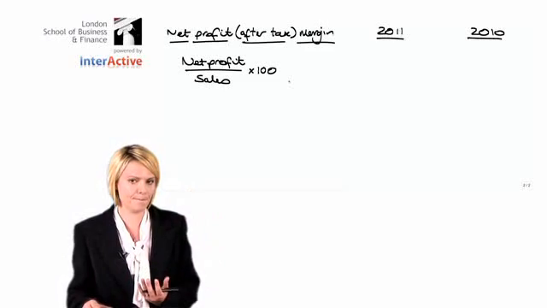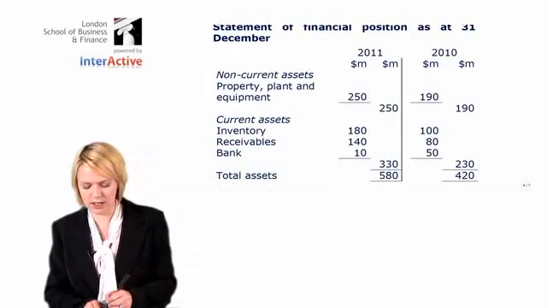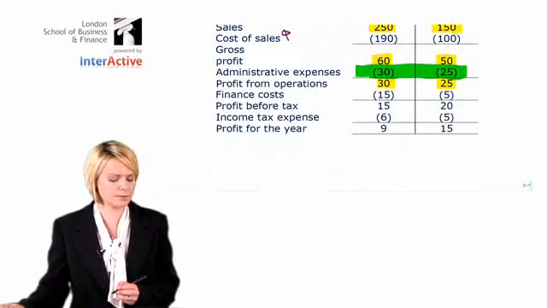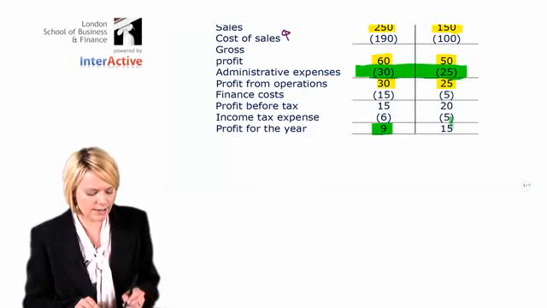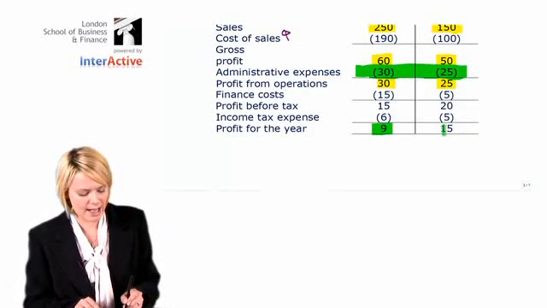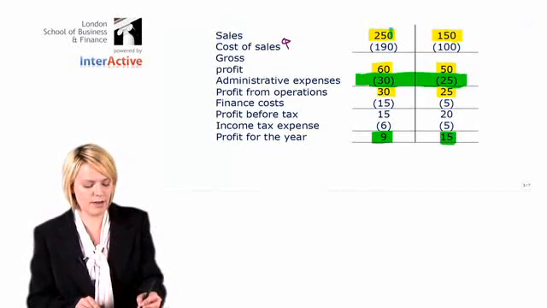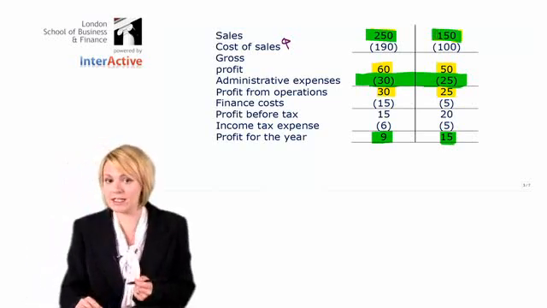So, let's have a look back at the question. Let's pick off these numbers from the statement of comprehensive income. So, profit for the year then is 9 for 2011 and 15 for 2010. And of course, the sales revenue is still 250 and 150 for those years respectively.